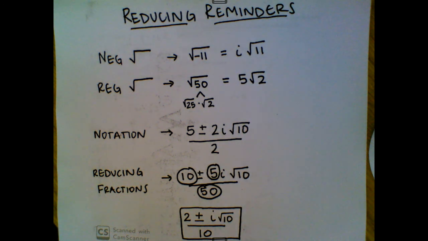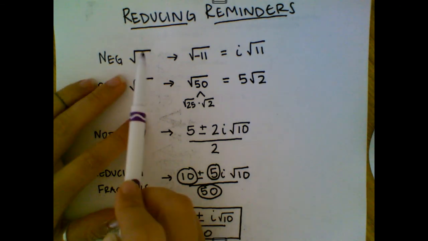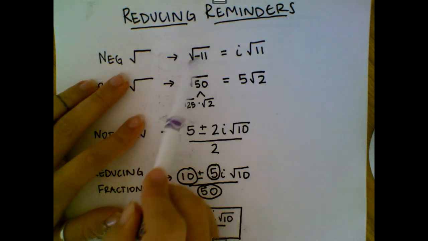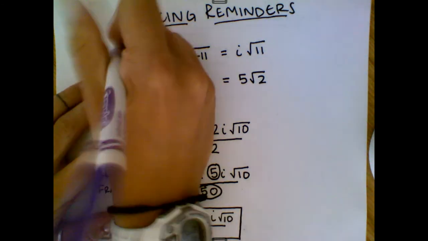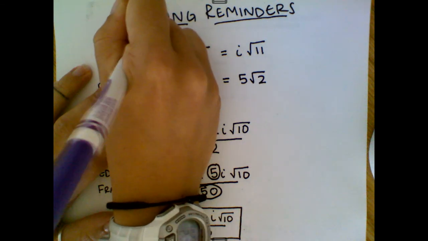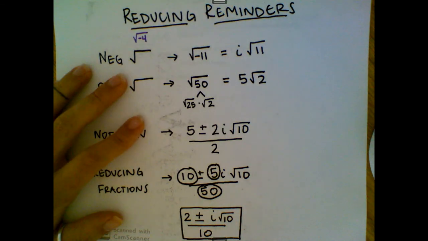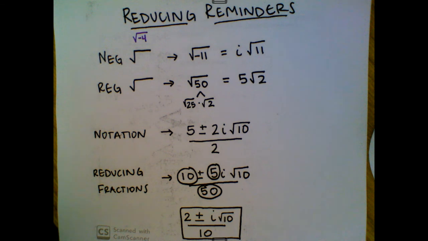So imaginary numbers come from this fact that you can never have a radical that has a negative number inside, which makes sense because if you look at something like the square root of negative 4, well, that means you need to find 2 numbers that are the same that multiply to get 4.